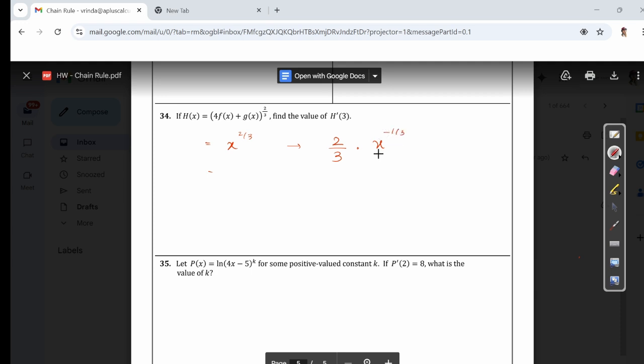Now instead of x, you have all of this. This is how you do the derivative of composite functions. So this becomes 2 over 3 times, instead of x, write this: 4 times f of x plus g of x, raised to negative 1/3, times the derivative of whatever is inside.